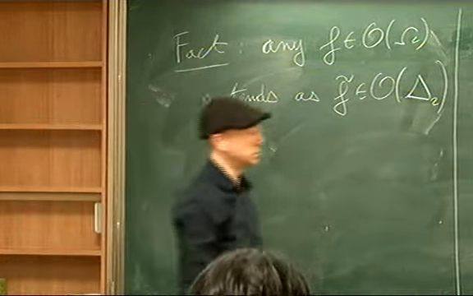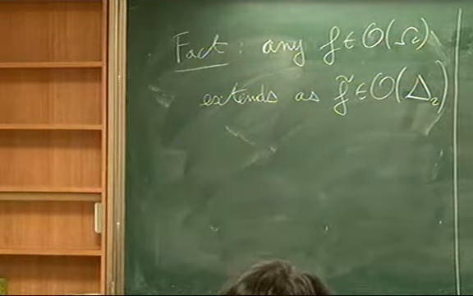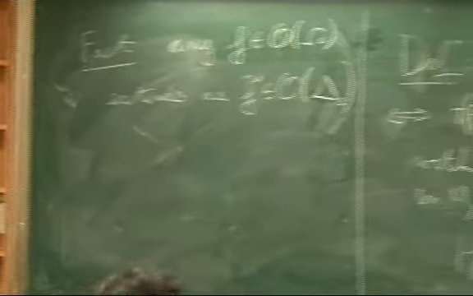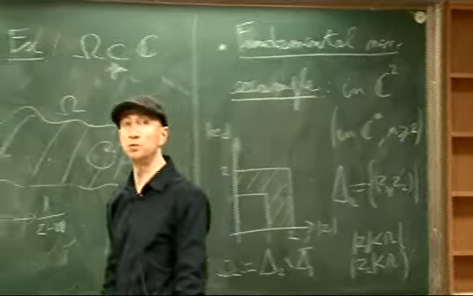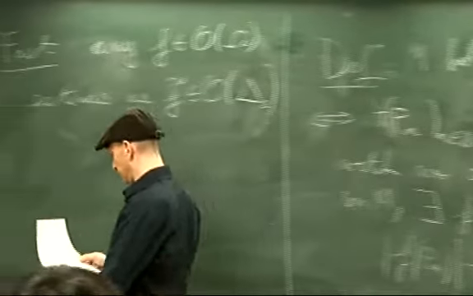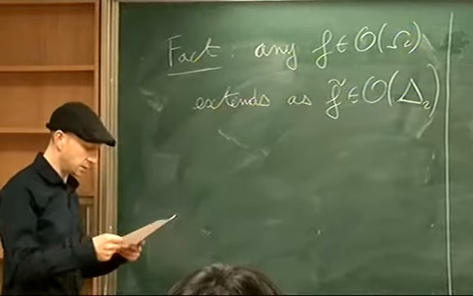That is, a priori, it's just defined and holomorphic here, but then necessarily it extends as a holomorphic function everywhere. So let me give a quick proof of this, maybe very quick. I will just give the idea.